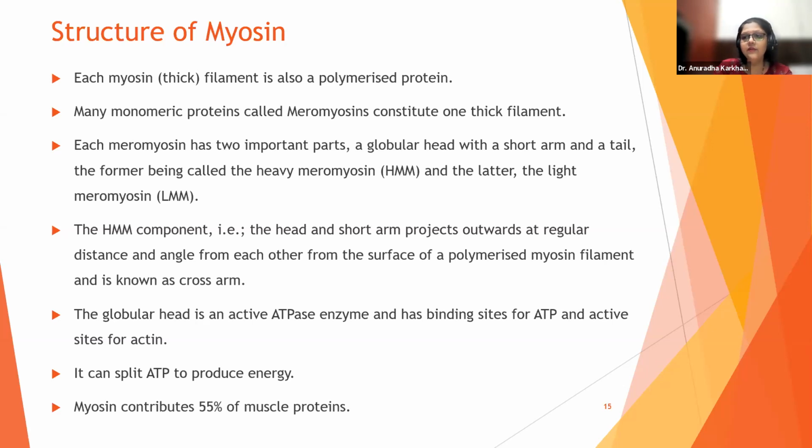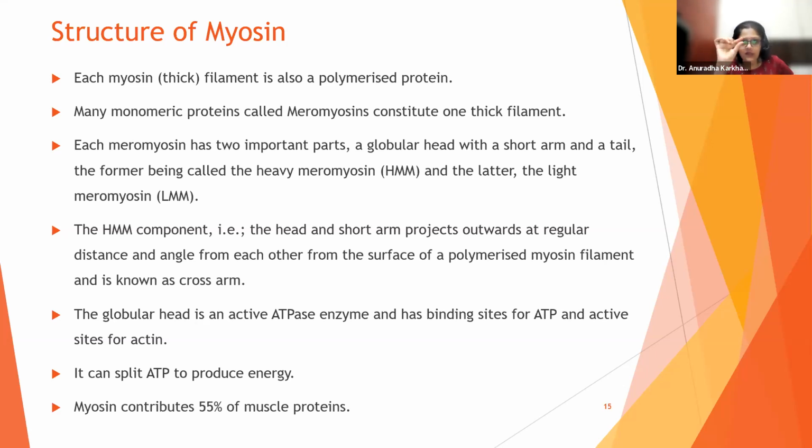Sure. Let's go ahead with the structure of myosin. Each myosin filament is going to be called the thick filament. Correct? And it is also a polymerized protein. What do you mean by it is also a polymerized protein? जैसे actin में हमने देखा था, the F filament is joined by monomeric G elements, right?